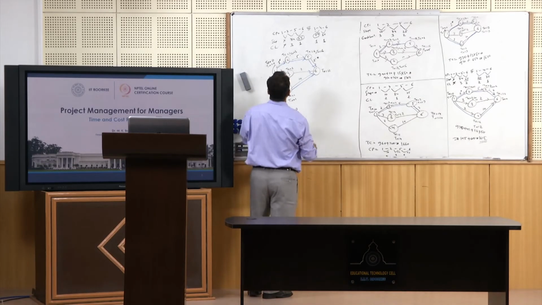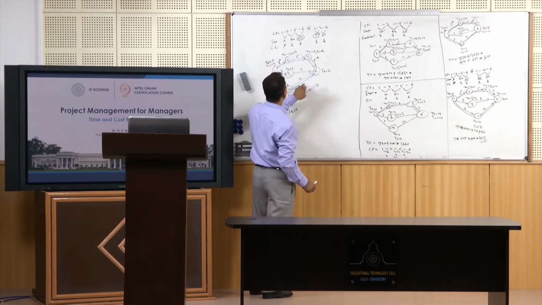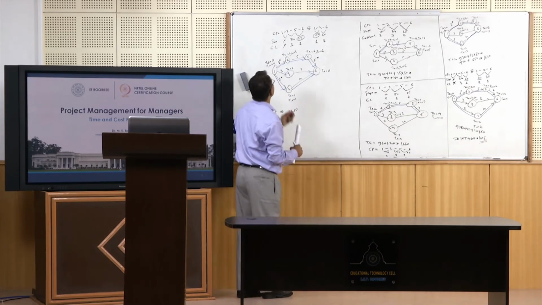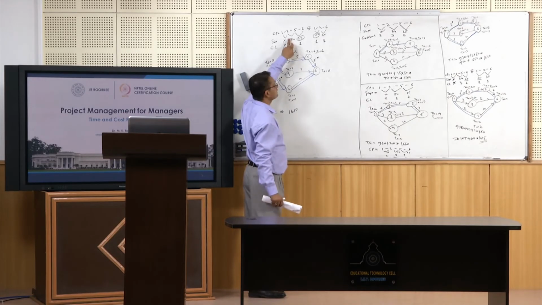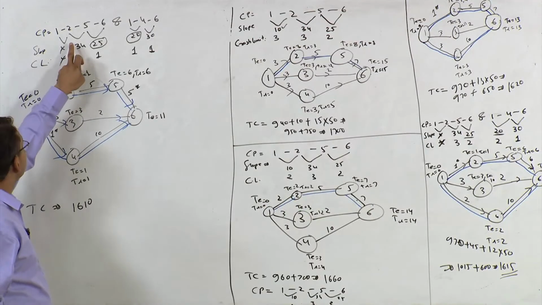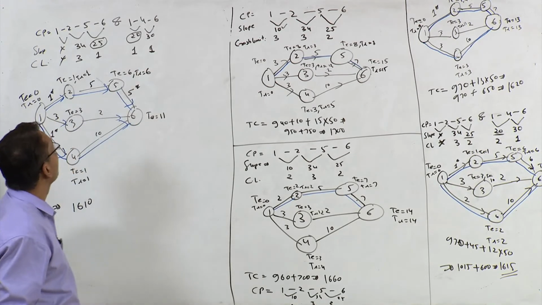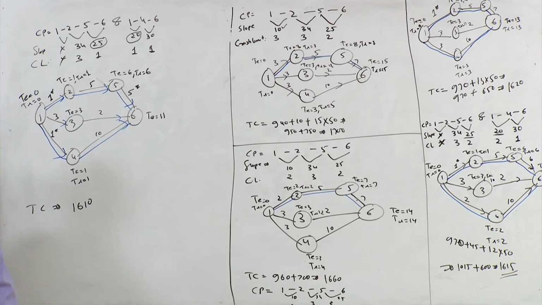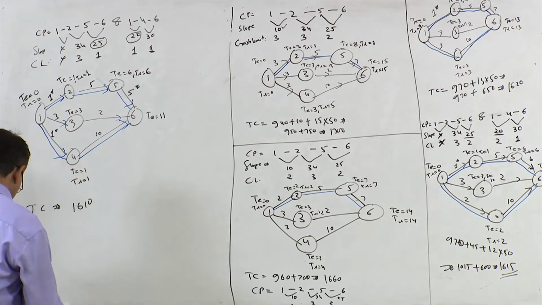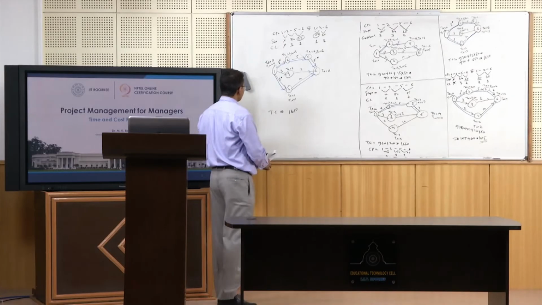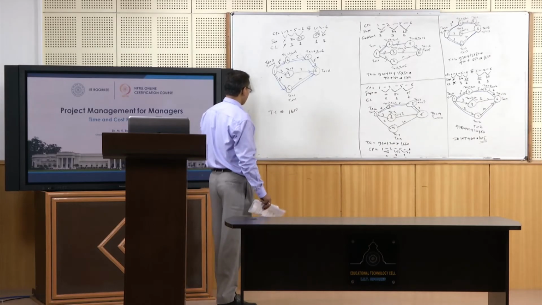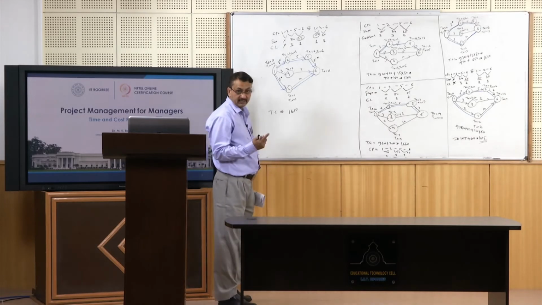So 2, 5 and 4, 6. So for 2, 5 this is the slope, and for 4, 6 this is the slope, right? Isn't it? So you can reduce activity 2, 5 and 4, 6, right, by 1 day.